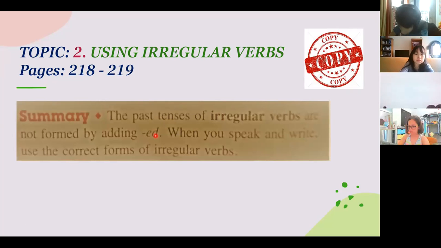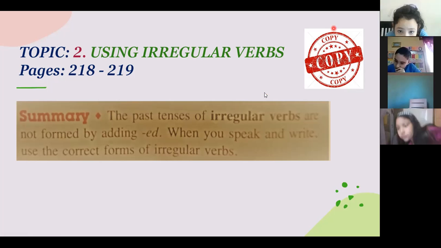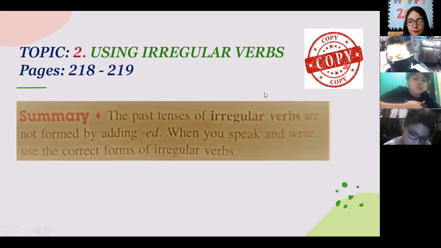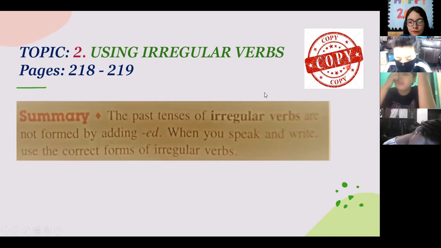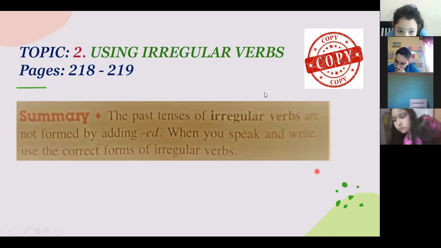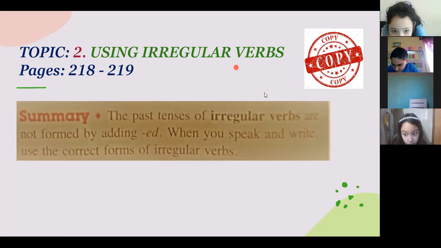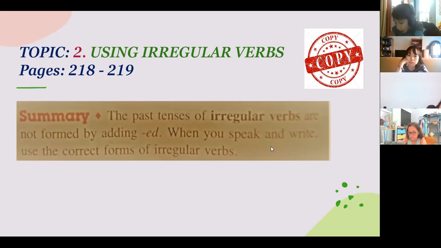But irregular means that we are not going to do this. Irregular means that we're going to change the word. We're going to have a new spelling for the verb. So let's copy this in the notebook, please.